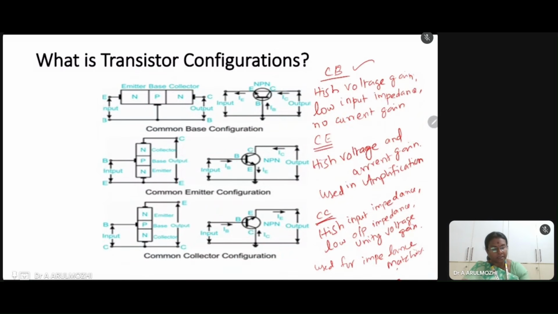Here we can also add that it is used in high frequency applications. So based on the configurations, we can use them for different applications.